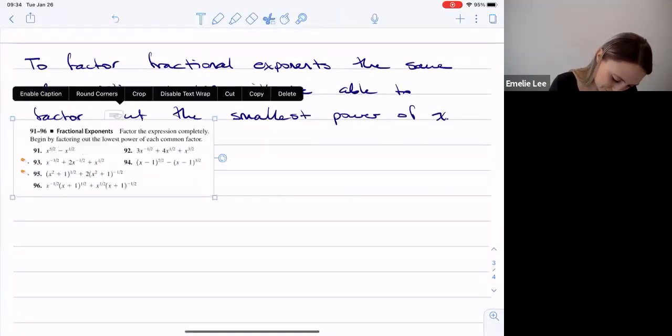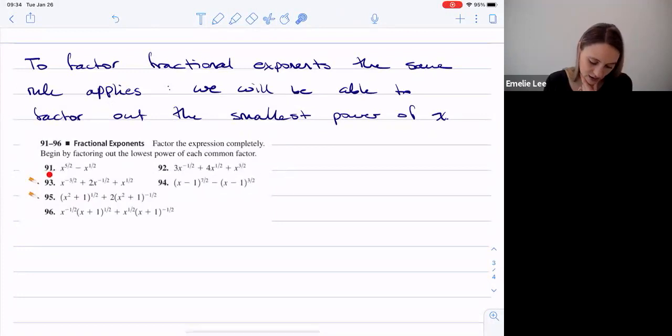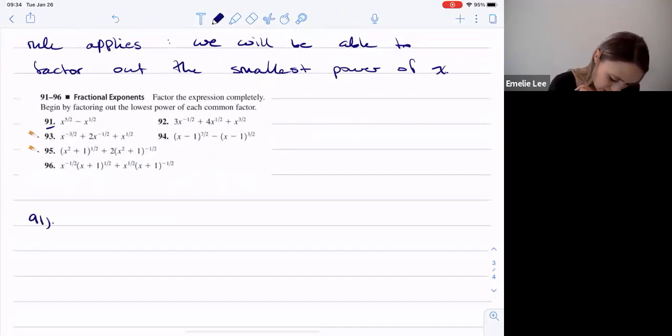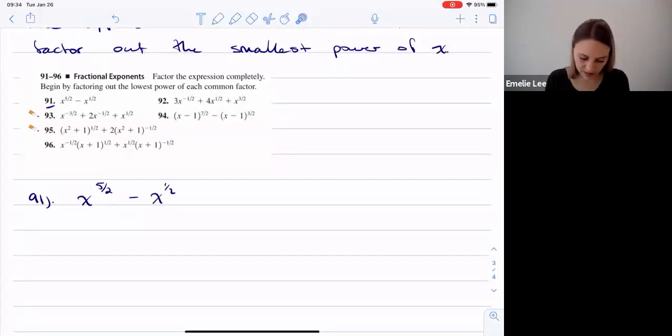So let's start with 91, nice and slow. And then we'll move on to some other ones here. So 91, x to the 5/2 minus x to the 1/2. Now here's the pickle, right? Well, this one it's simple, right?